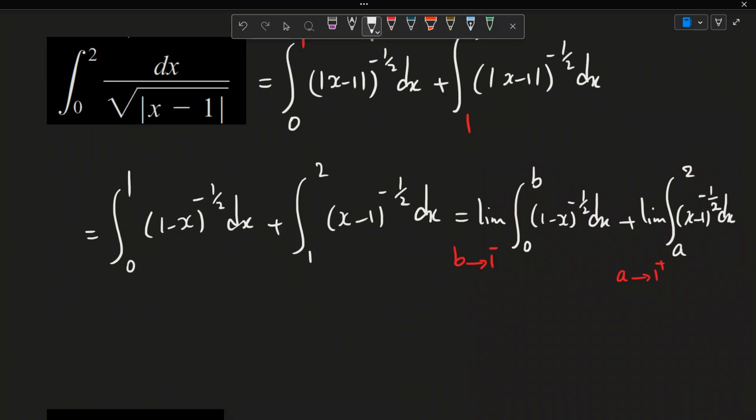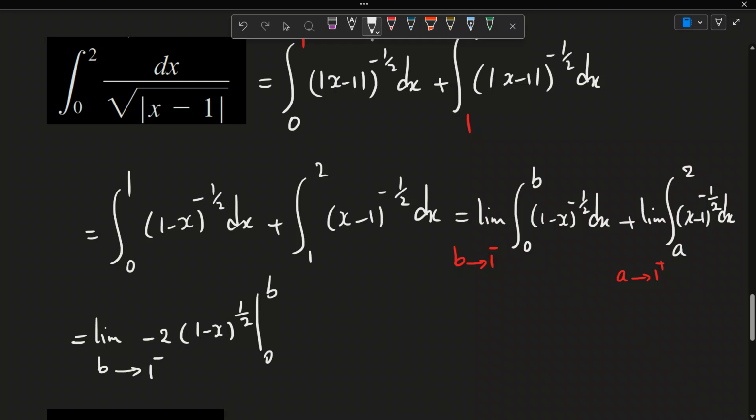Now the integrals are the same, just we need to find the limits. So here, 1 minus x, like u to the minus 1/2. So u prime is minus 1. We have another extra negative sign. Minus half plus 1 becomes plus 1/2. Divided by 1/2 is the same as multiplying by 2. So it is minus 2 times 1 minus x to the 1/2, or root this time, from 0 to b, when b approaches 1 from left-hand side.